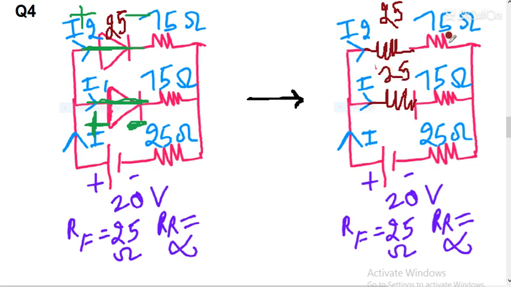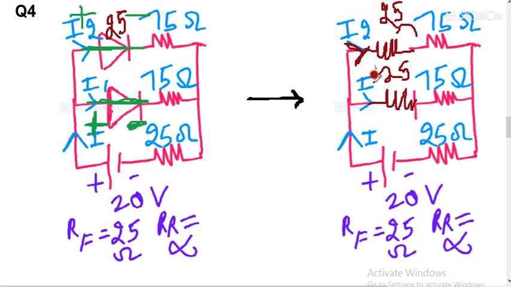So this 25 and 75, this 25 and 75. Suppose current I2 is flowing in this circuit and I1 is flowing in this circuit. Now you can see current is divided, so this circuit is different from the previous one. Firstly we will calculate the resistance for the I2 path. For I2, how much resistance will come? These two are in series.